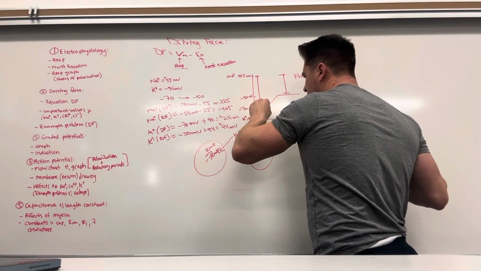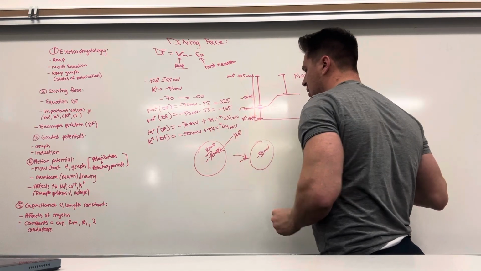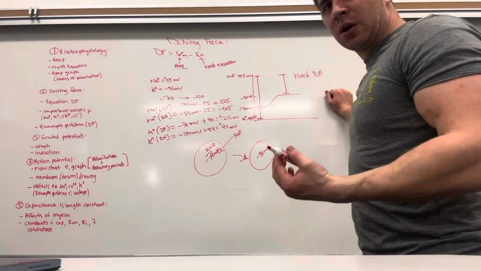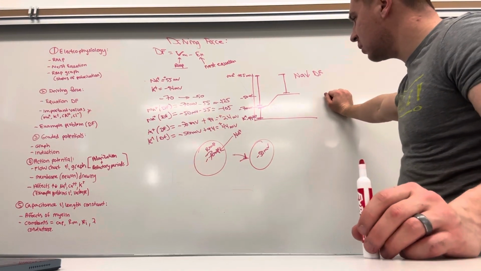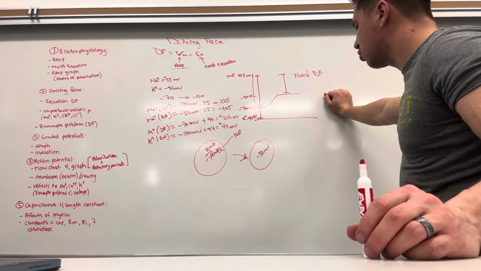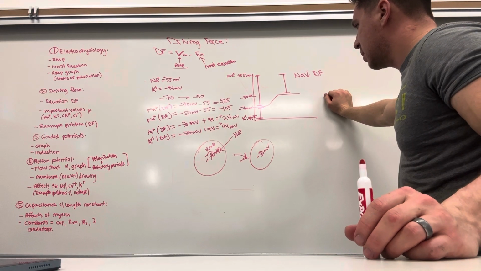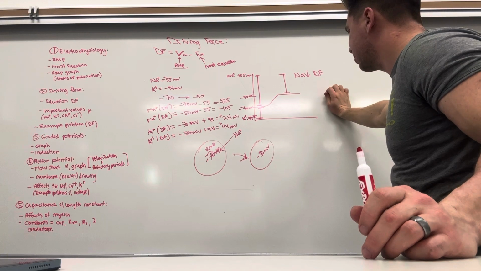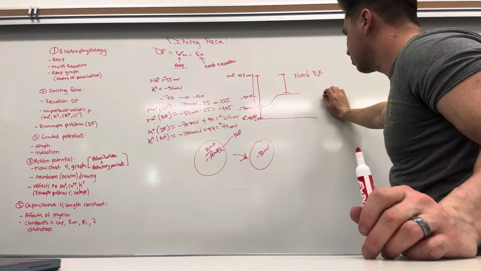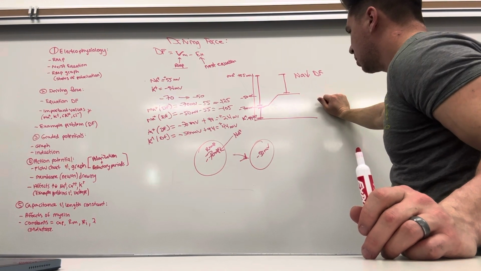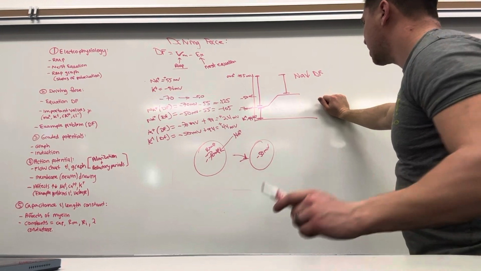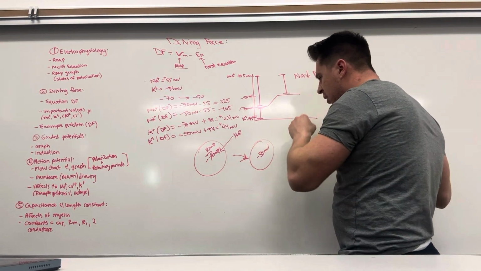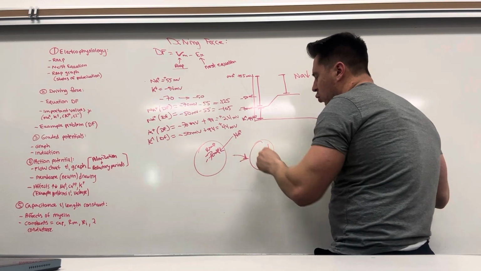Potassium, on the other hand, their driving force is small. Okay, if it's really negative in the cell, it's not wanting to leave as much. And so what we see though is that as we change it to negative 50, it's becoming more positive.